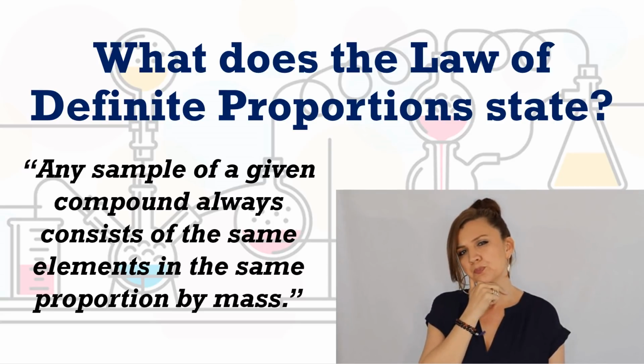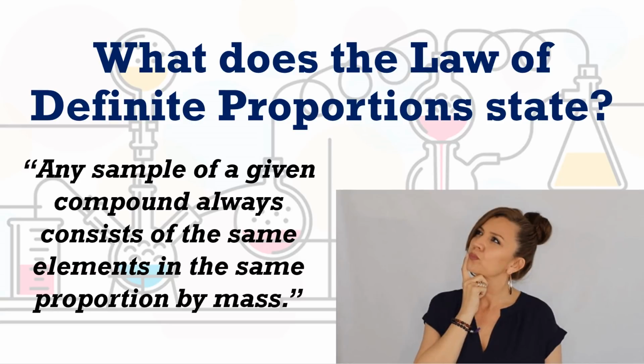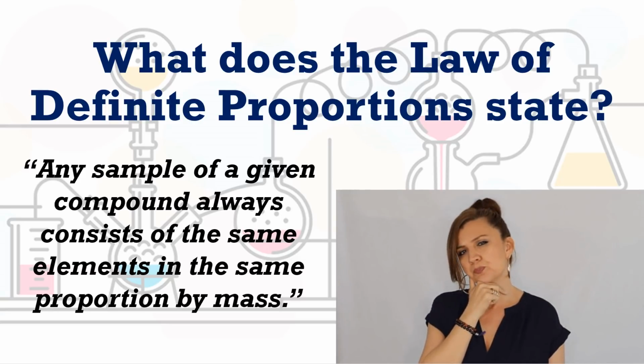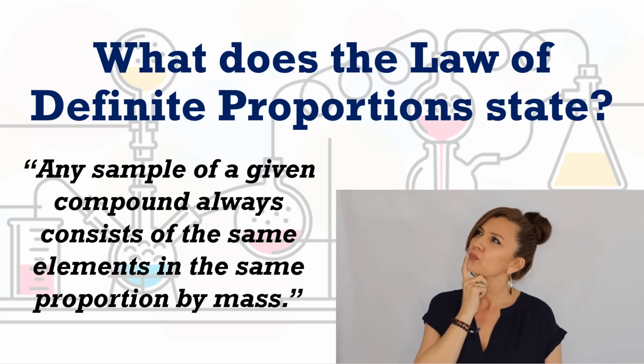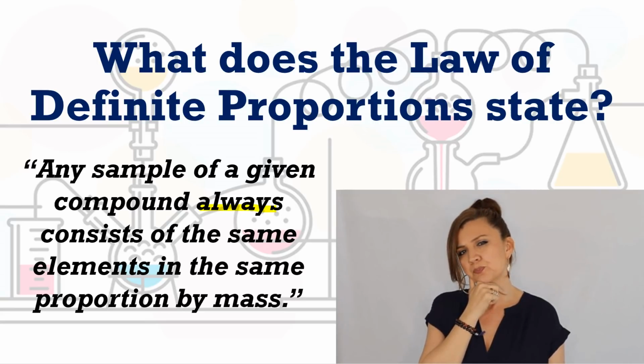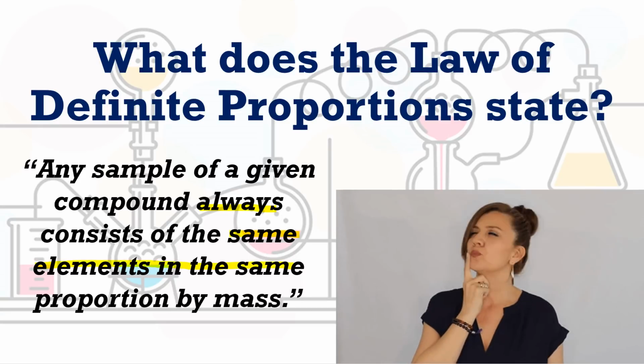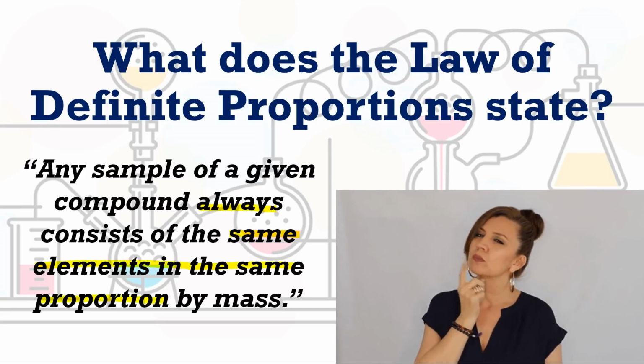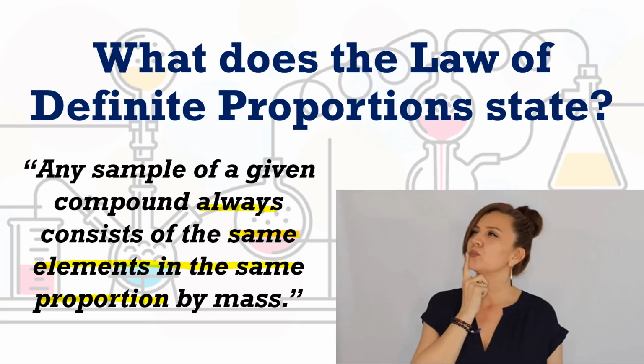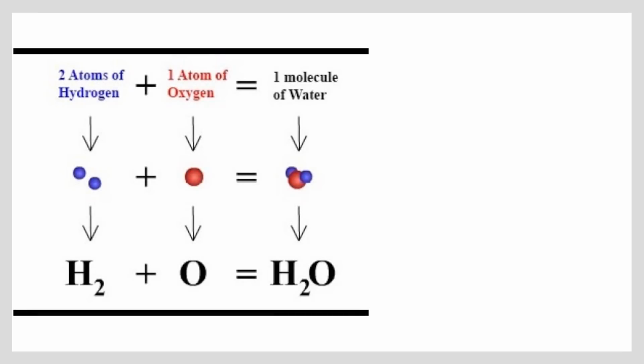So let me highlight this one. It says that a compound will always consist of the same elements in the same proportion by mass. To understand this one, let's take water as an example.